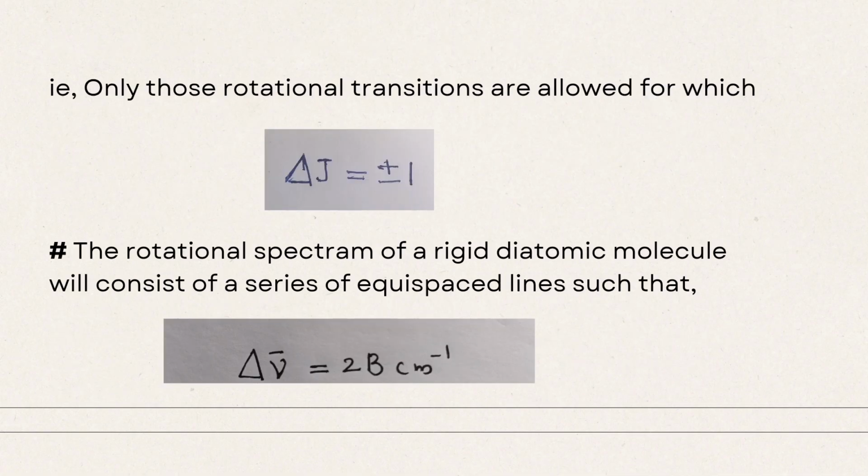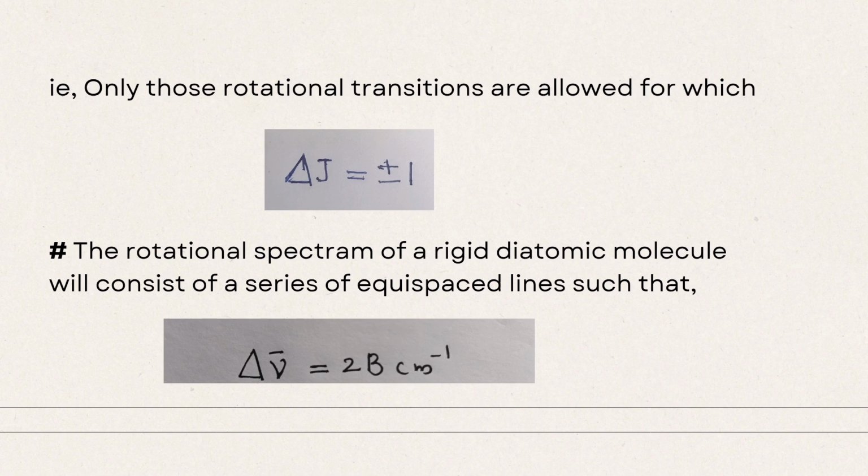That is, only those rotational transitions are allowed for which delta J is equal to plus or minus 1. Here plus denotes the upward transition by absorption of energy and minus denotes a downward transition by emission of energy.